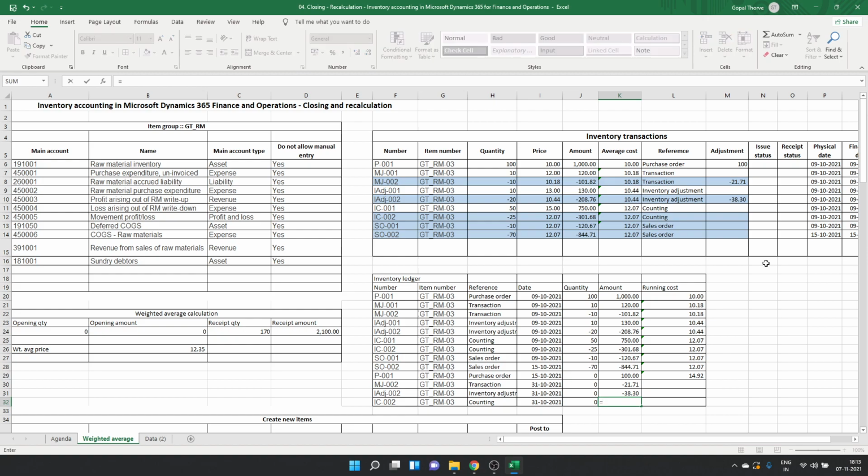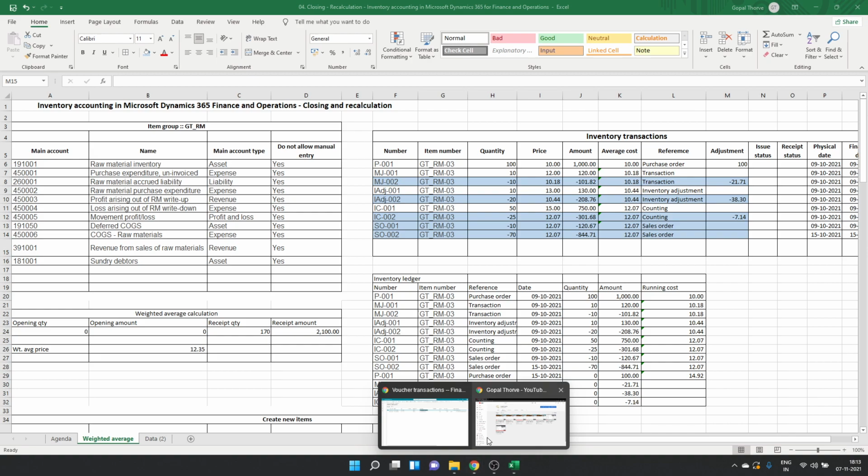The adjustment will happen for this particular quantity at the rate of the monthly weighted average cost minus the already posted amount, and the same adjustment will go into here.